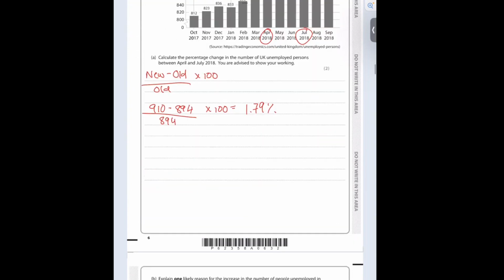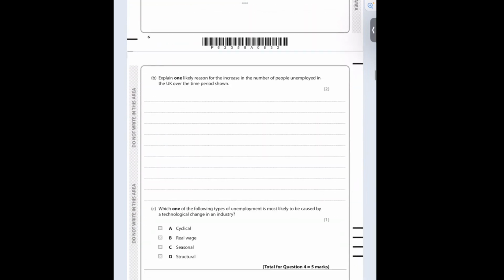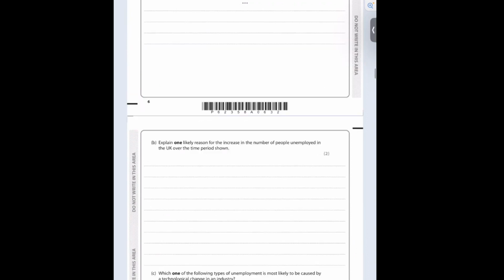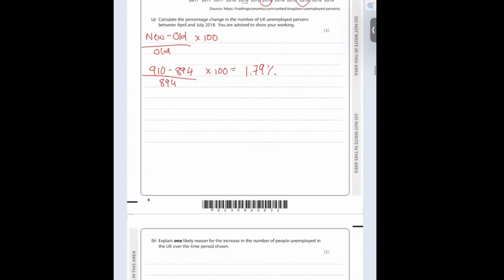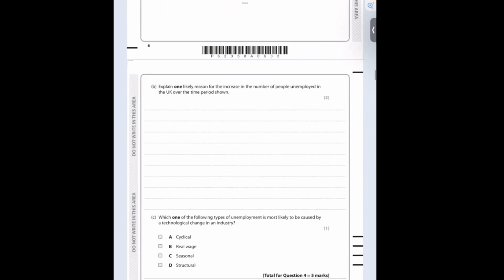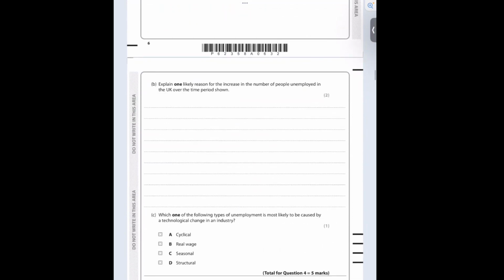Okay, so the question now: explain one likely reason for the increased number of people unemployed in the UK over the time period shown. Okay, maybe it's the number of people who are using e-commerce rather than going to stores to buy things.